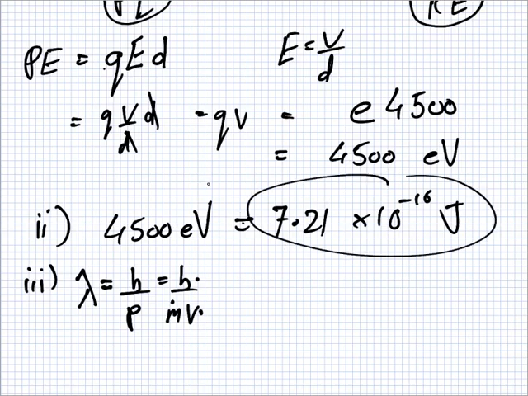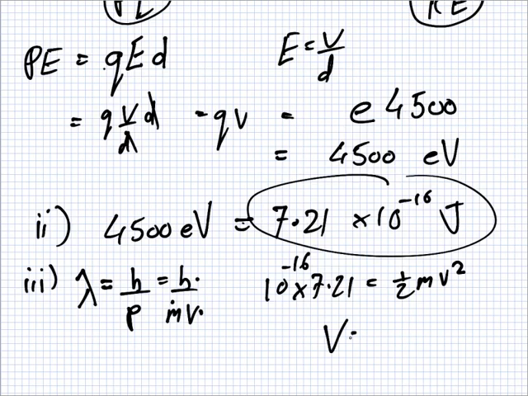Because half mv squared. So I have 7.21 times 10 to the minus 16 equals a half mv squared. Right. What's the mass of an electron? It's constant number 3. So the velocity of the electron is 3.9786 times 10 to the 7 meters per second.